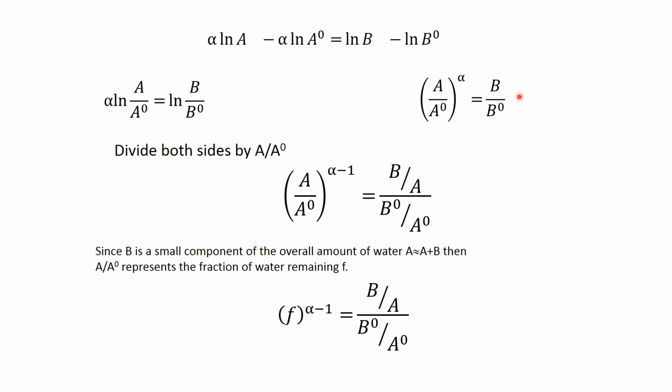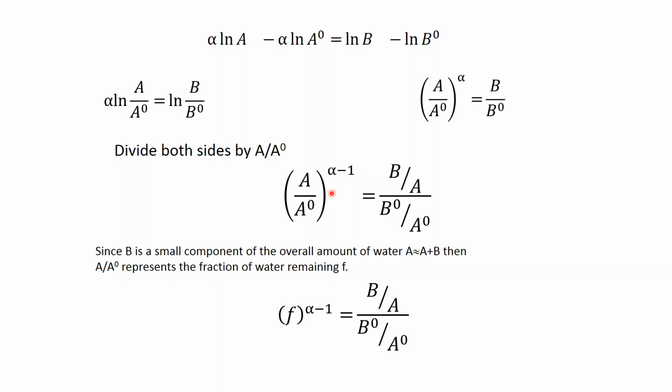Now, all these bits of manipulation might seem arbitrary and like we're doing them for no reason, but hopefully you'll see that this is to produce something which allows us to express the isotope ratio in terms of something we can actually measure. So if we move on here, we can divide by A over A naught, and that gives us this, because dividing by something is the same as multiplying by it to the power of -1.